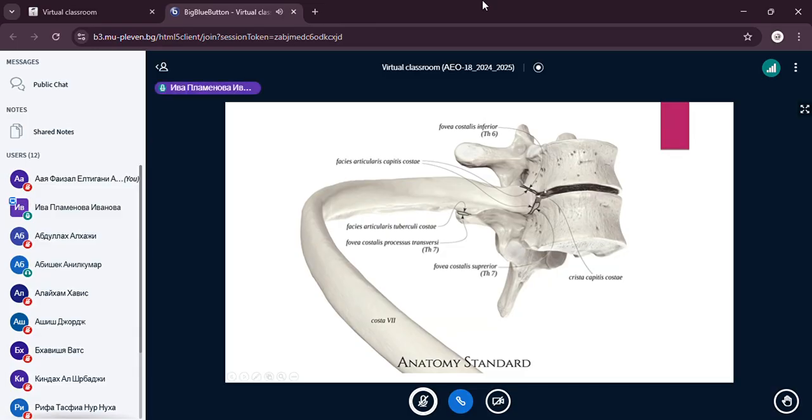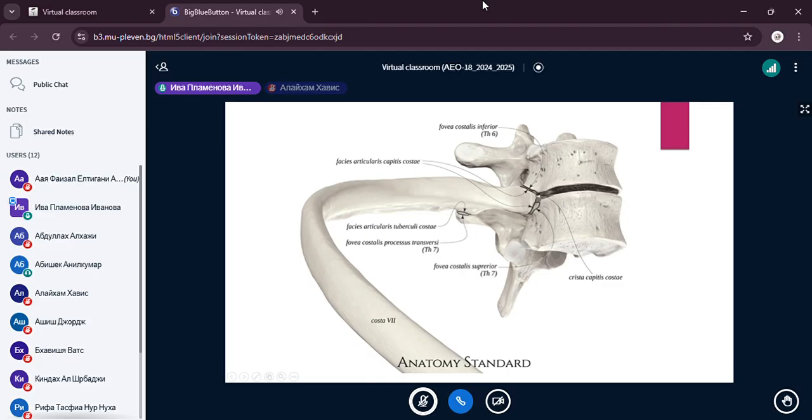Here is the inferior articular surface from TH6, inferior costal articular surface. Here is the superior of the lower vertebra, TH7. So the rib head articulates with two adjacent vertebrae. Do you understand? Yes. Okay.